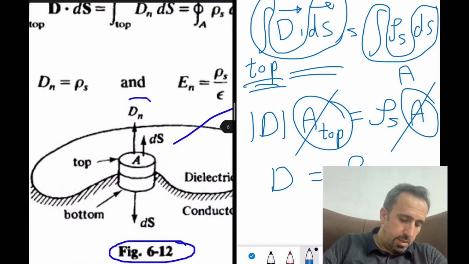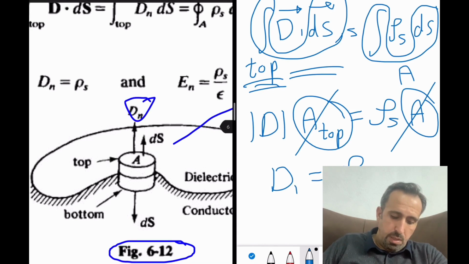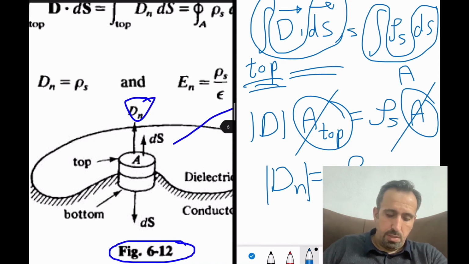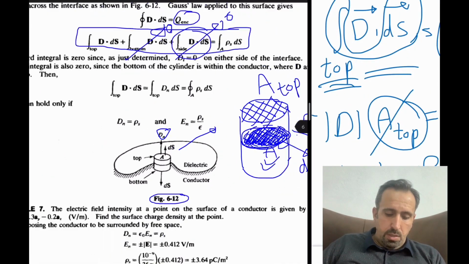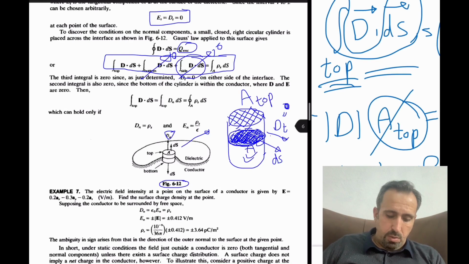If you zoom it, sure it will be D normal. But here we are talking about its magnitude. There is no direction specified here, so this is the important thing that has been concluded here.